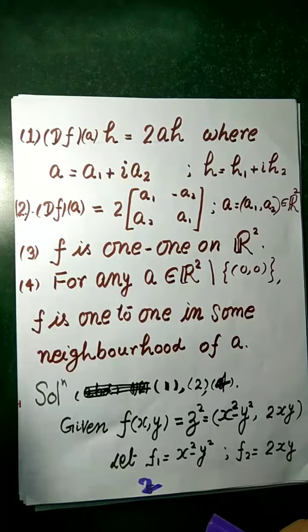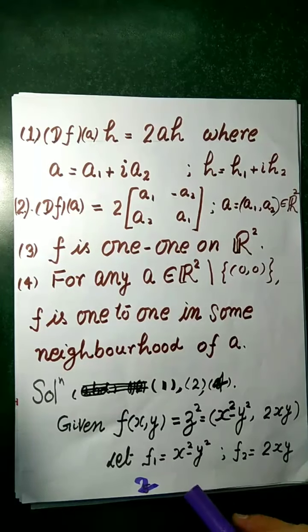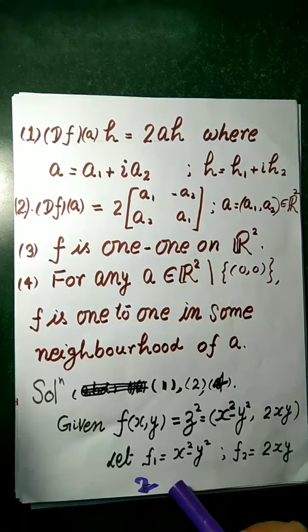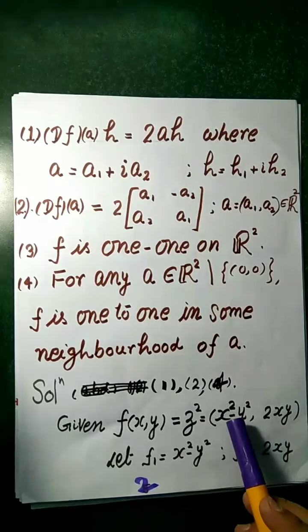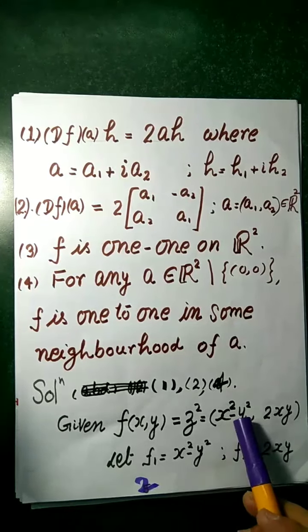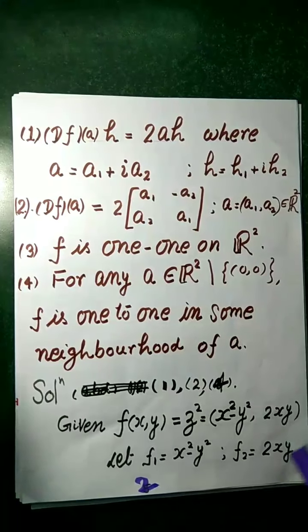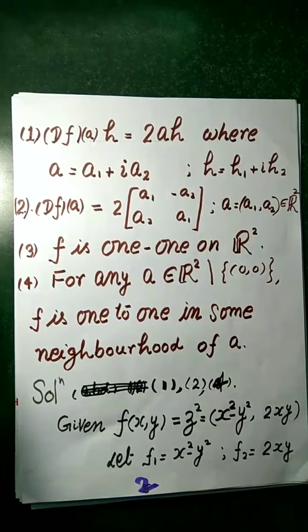So let us calculate. Let us assume f1 equals x squared minus y squared and f2 equals 2xy.